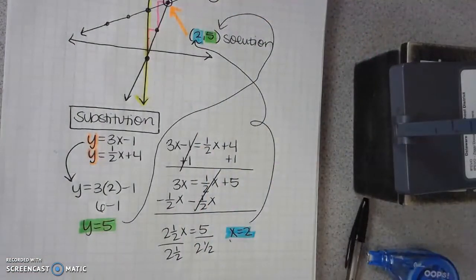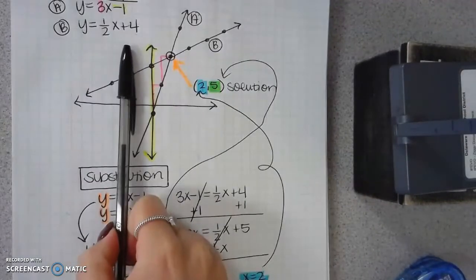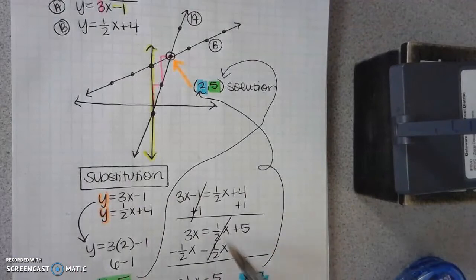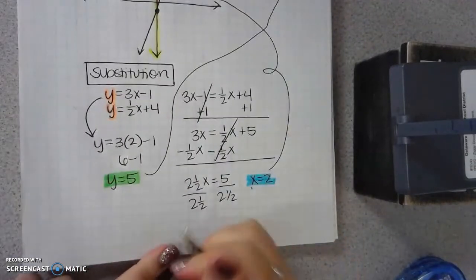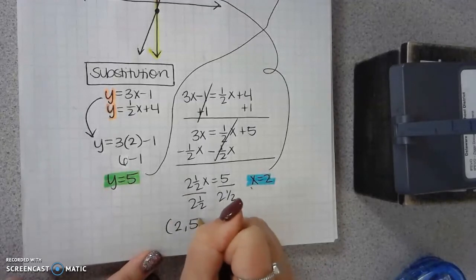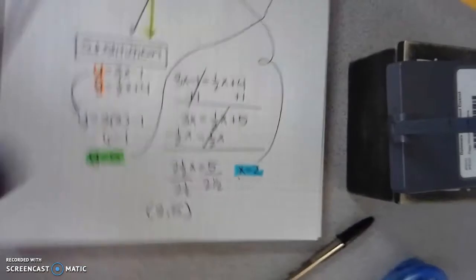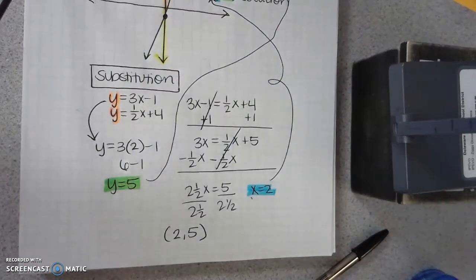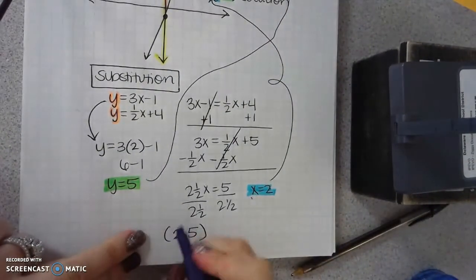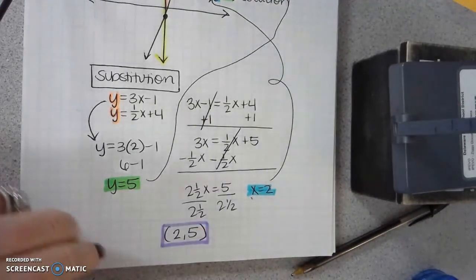Okay, so we've done substitution and graphing for this one system, and both of them gave us 2, 5 as the solution. For the rest of this lesson, you will be going more in depth on systems.